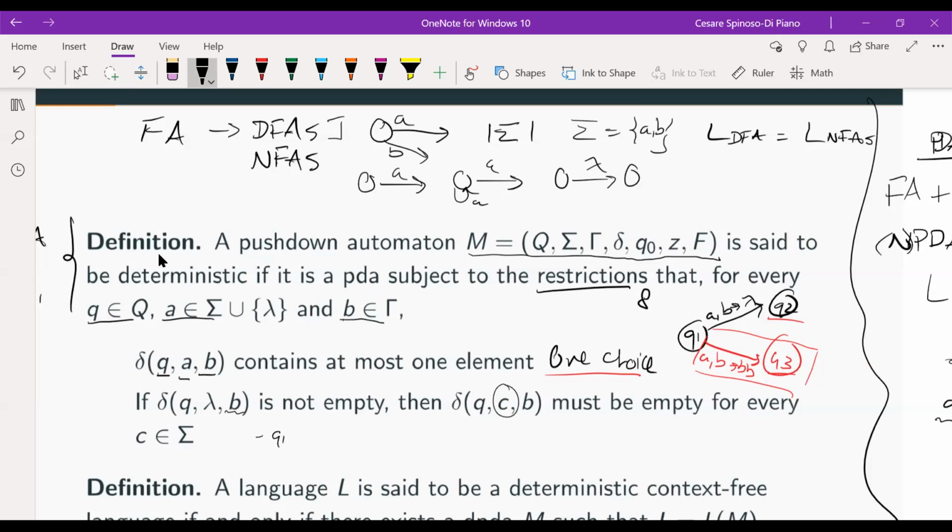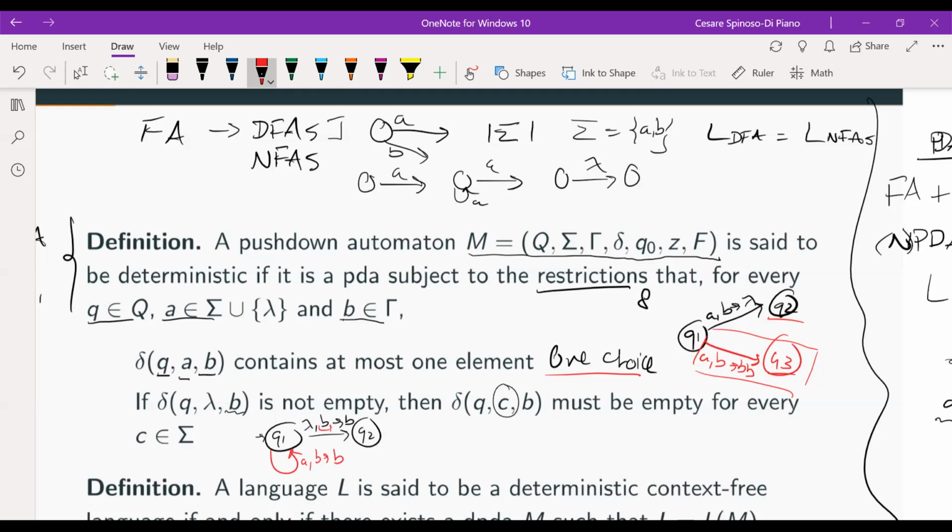Let's say you're in Q1 and you have this transition: don't read anything and don't touch your stack. Then you're not allowed to have something else with the same stack symbol. Basically you're not allowed to have something like: you read an A and then you see a B and then you do nothing.